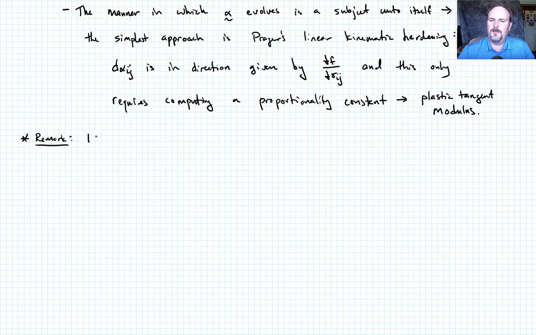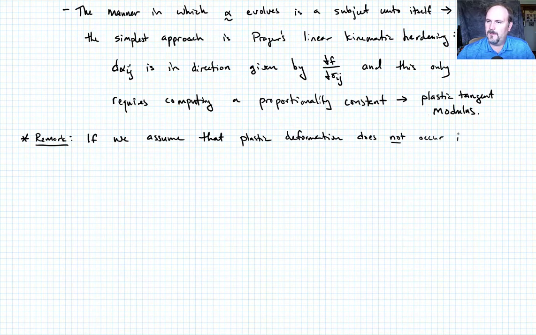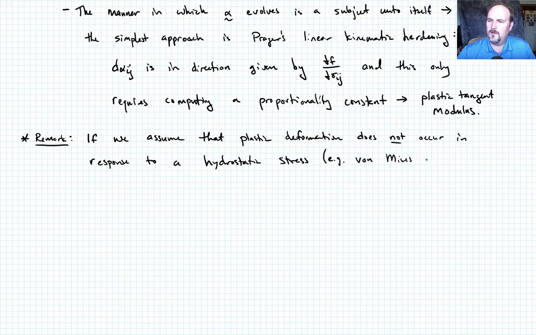Let's say we assume that plastic deformation does not occur in response to a hydrostatic stress, which is the assumption, for example, in von Mises or Tresca.